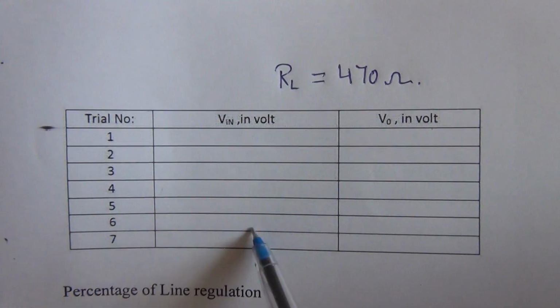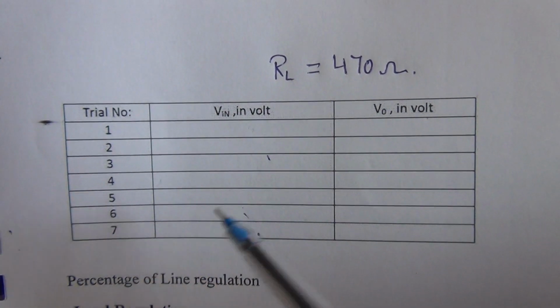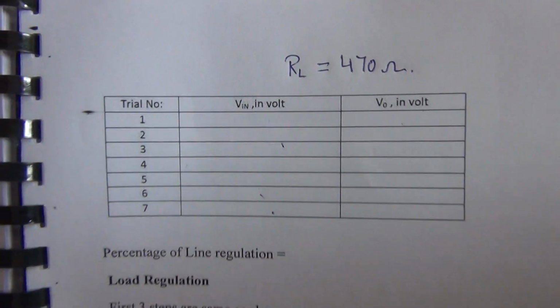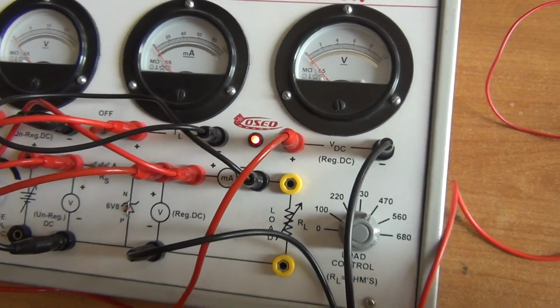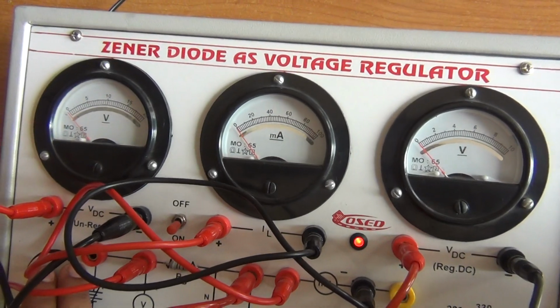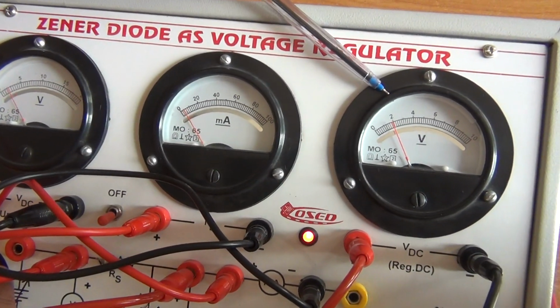We will vary the input voltage and correspondingly note the output voltage. Please check this input and output. I am increasing the input voltage, and you can see that the output voltage is also increasing.